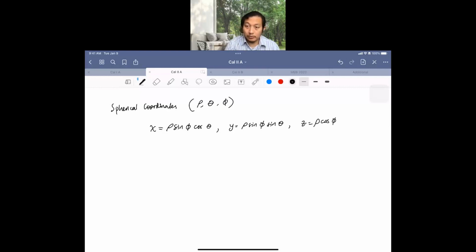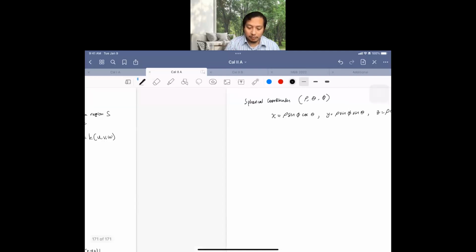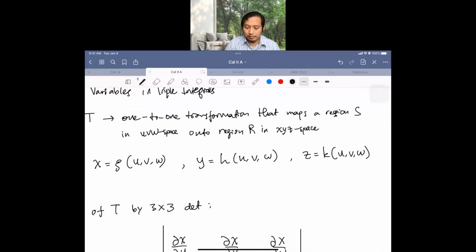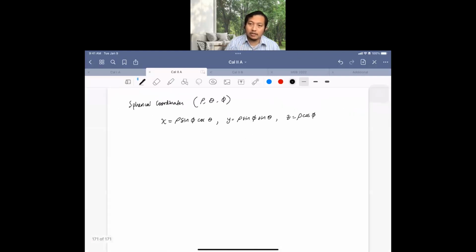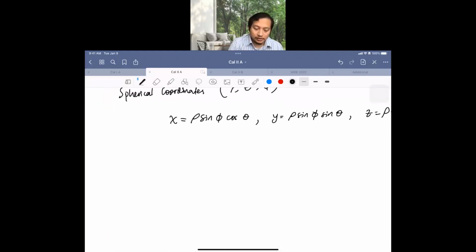Based on what we have here, we can change the variables of our triple integral using the Jacobian for the triple integral. So the Jacobian value, and we are using rho, theta, and phi.